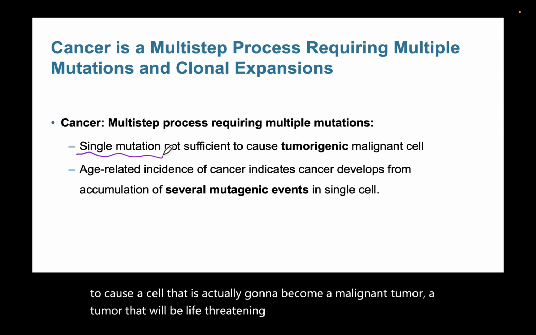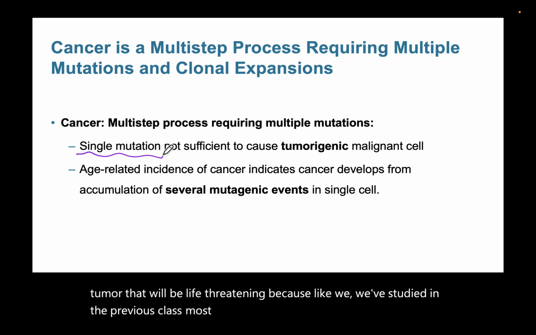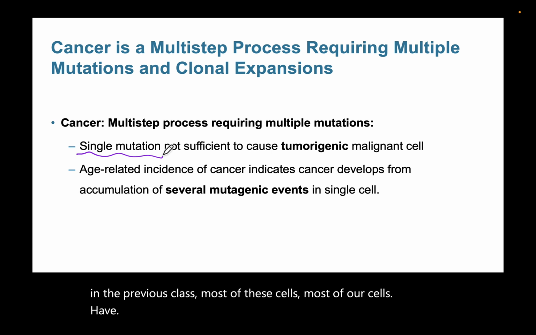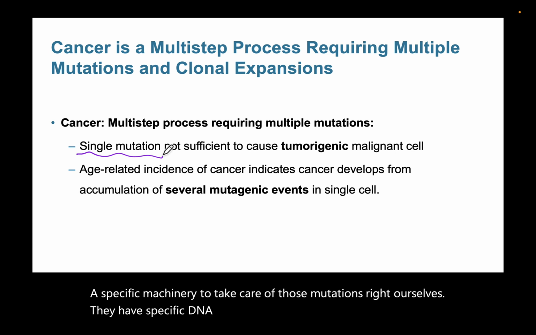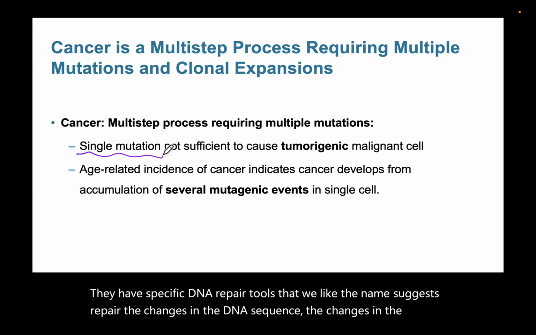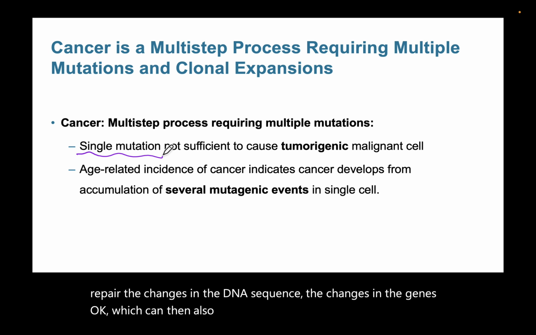Because like we've studied in the previous class, most of our cells have a specific machinery to take care of those mutations, right? Our cells have specific DNA repair tools that will, like the name suggests, repair the changes in the DNA sequence, the changes in the genes, okay? Which can then also prevent changes in the final product of that gene.